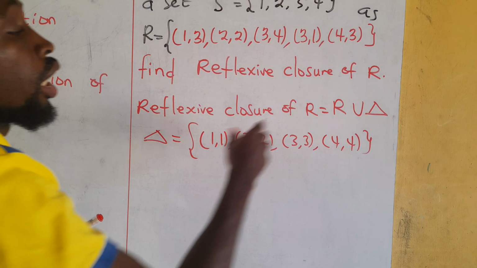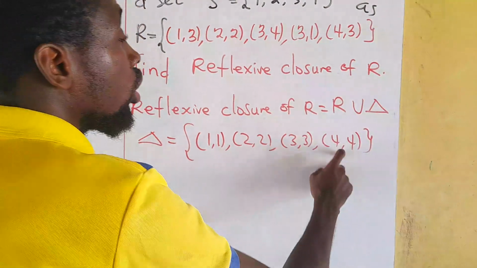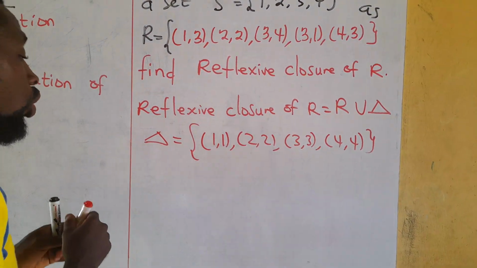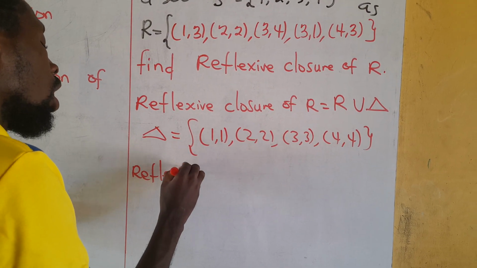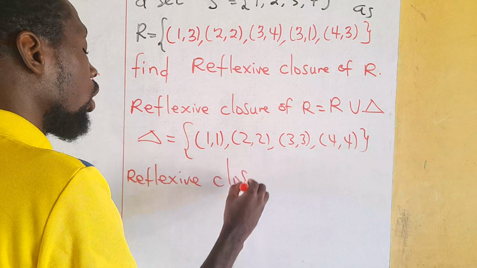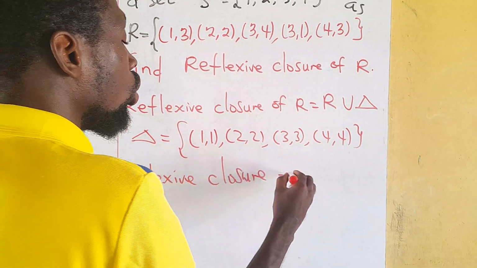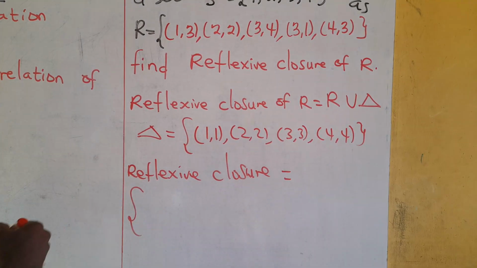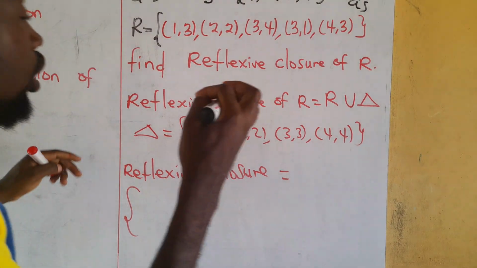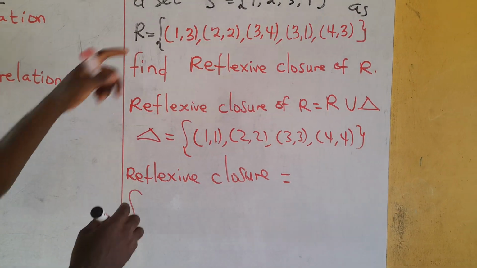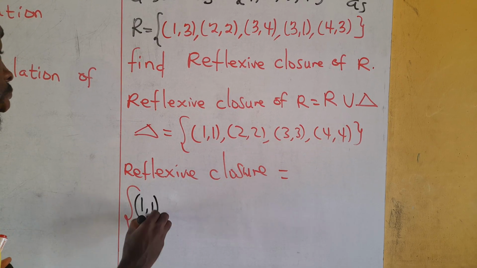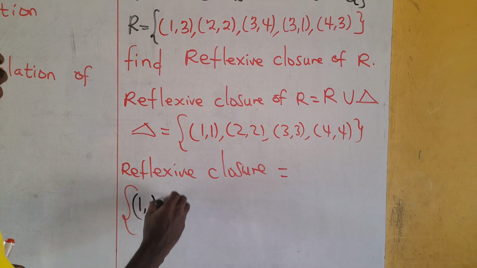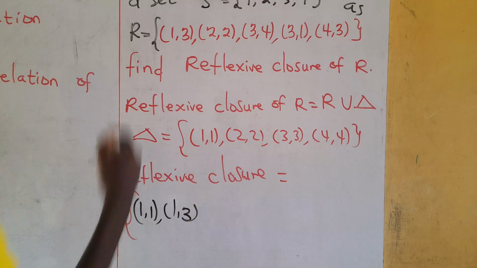Then we find R union delta. So we'll put them together. So our reflexive closure of R will be equal to the self-loop relations union the relation R. So we have (1,1), then we have (1,3), that's this.